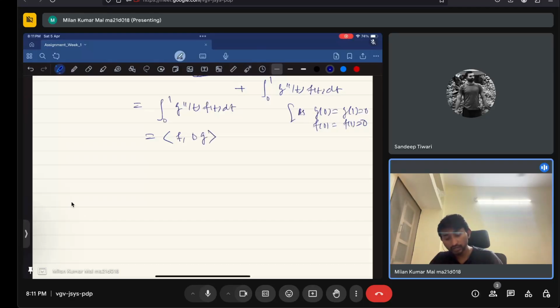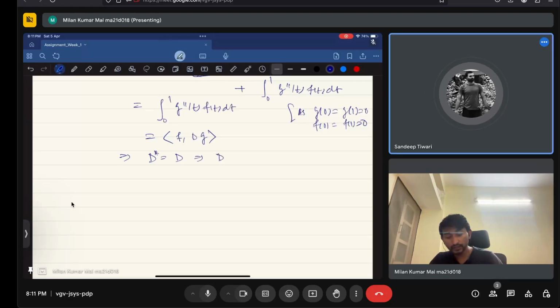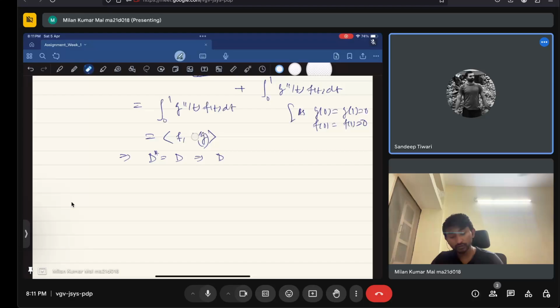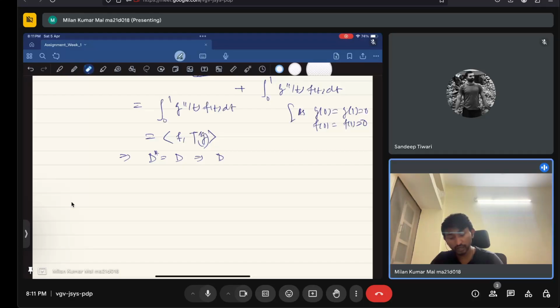That implies T star of g equals T of g, so T equals T star. That says T is self adjoint.